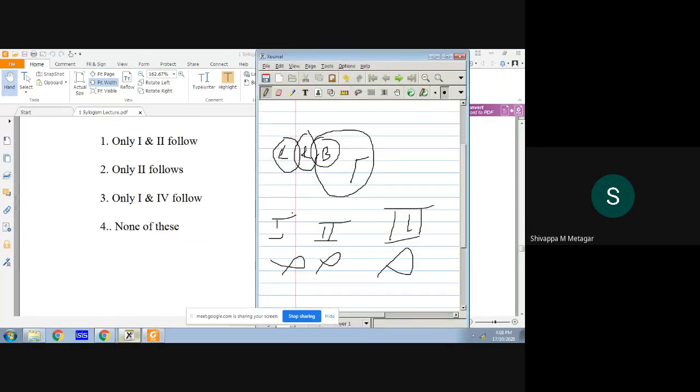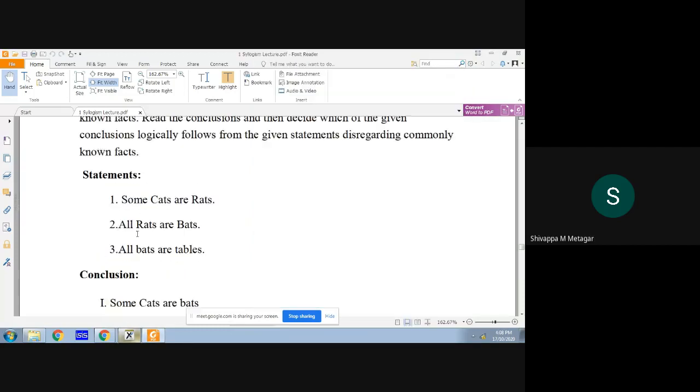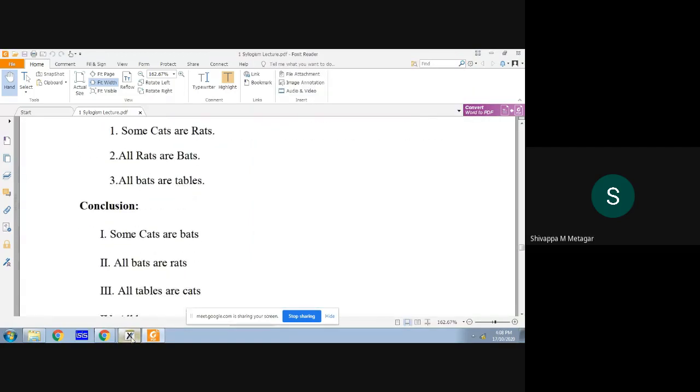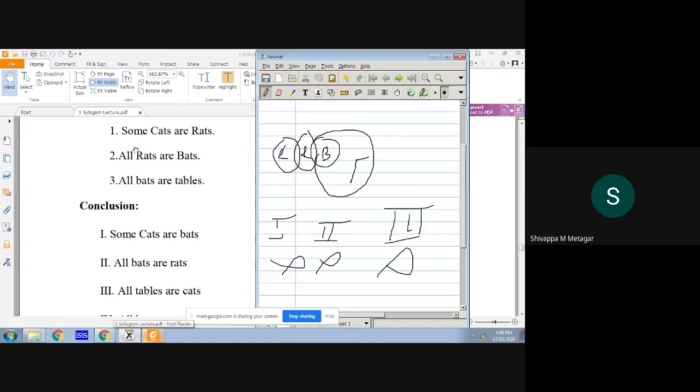If you are solving directly like this, you may not get the right answer. So you know these are the statements: some cats are rats, some rats are bats, and all bats are tables. You draw the Venn diagram for these statements, and then check the three conclusions.